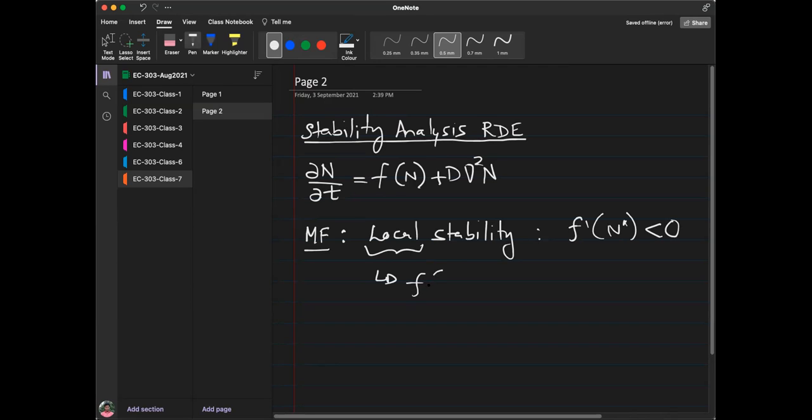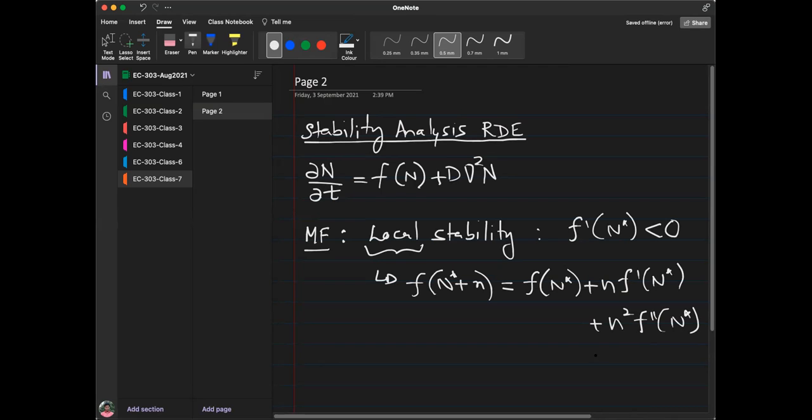It means that in the Taylor series expansion of f of n star plus n, the first term anyway becomes 0, f of n star. The second term will be n times f prime of n star. And then the third term will be f double prime of n star times n squared, and then you have higher order terms.